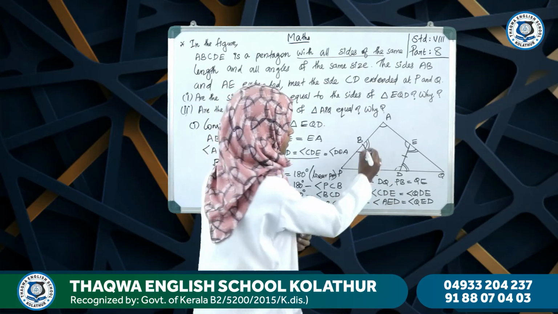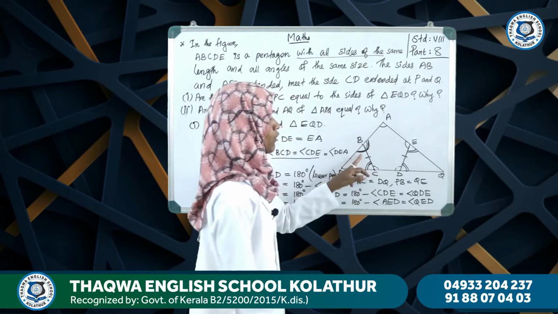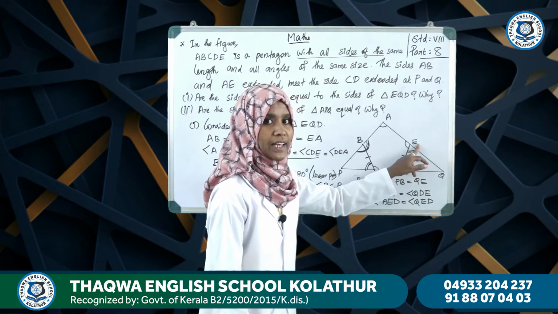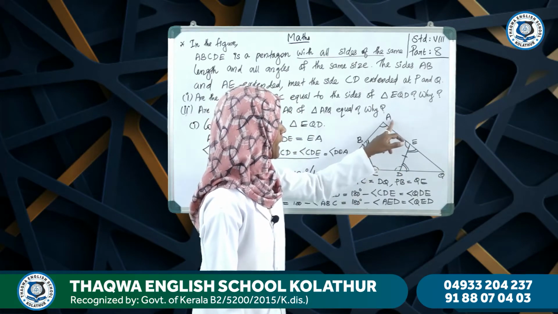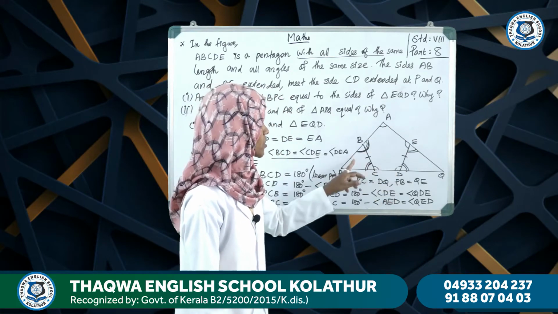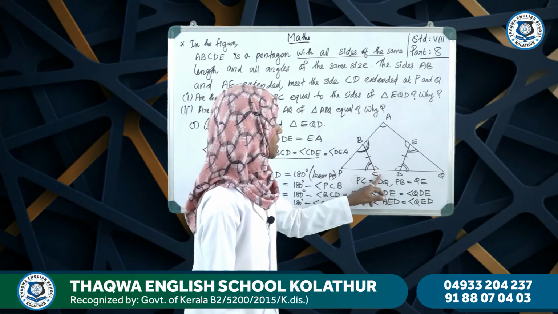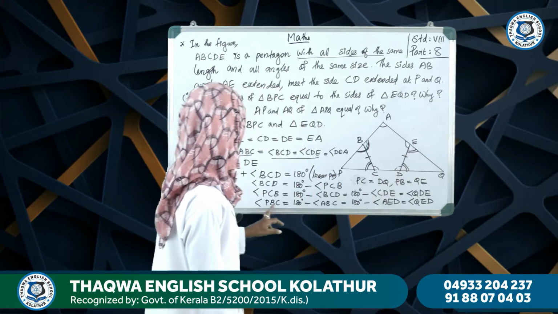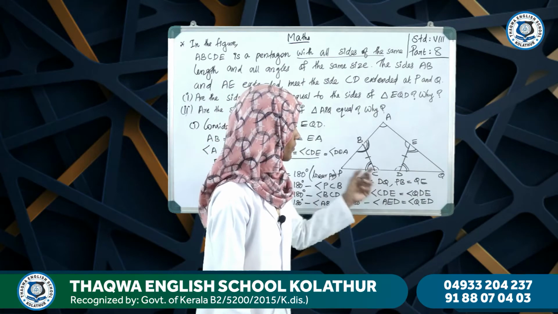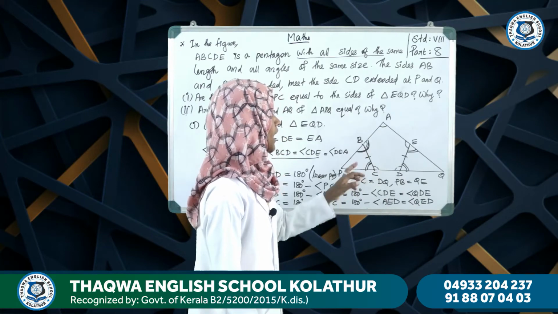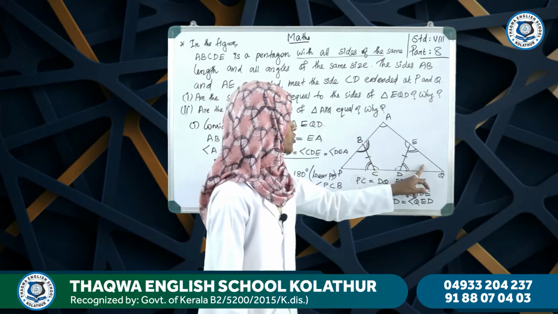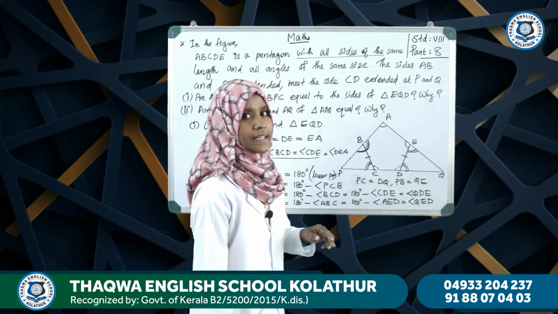Next, the angles at B form a linear pair. Then the angles at E form a linear pair. Then we have angle ABC and angle AED are equal. So, angle PBC and angle QED are also equal. That is, the one side and two angles at its ends of triangle PBC and triangle QDE are equal.